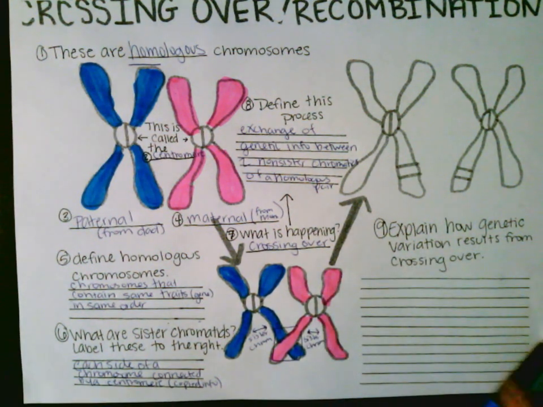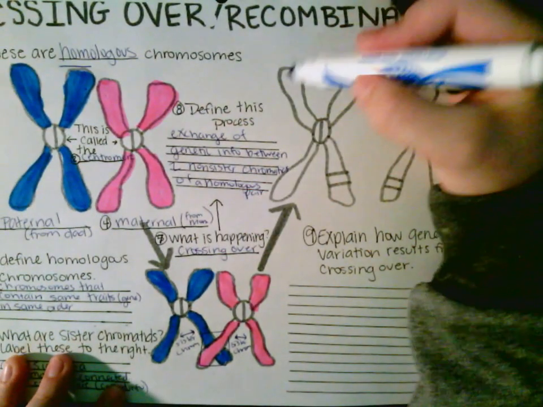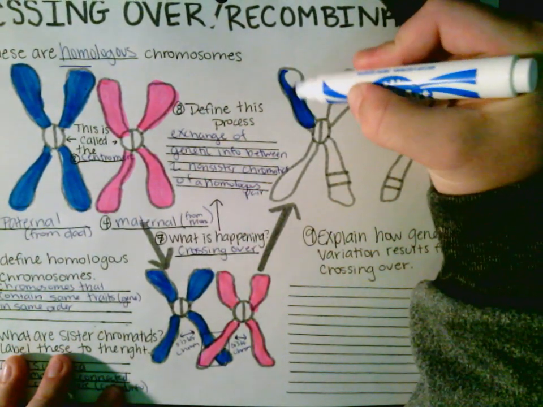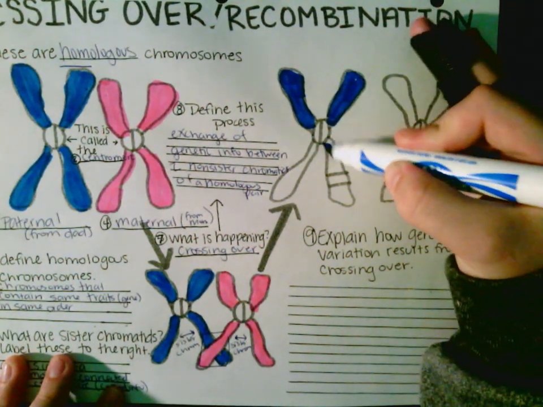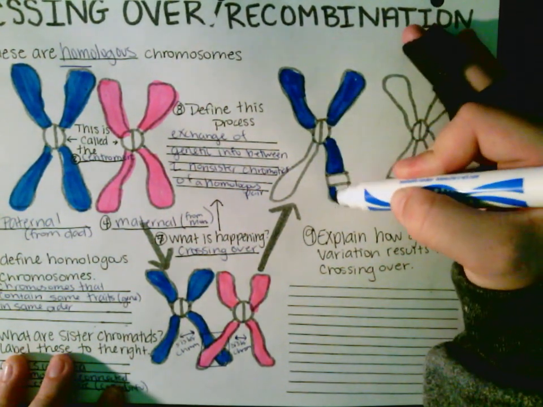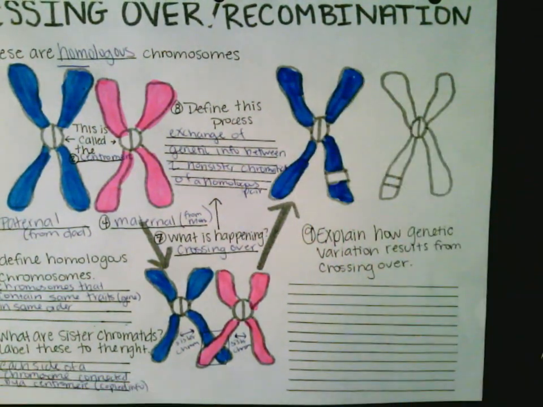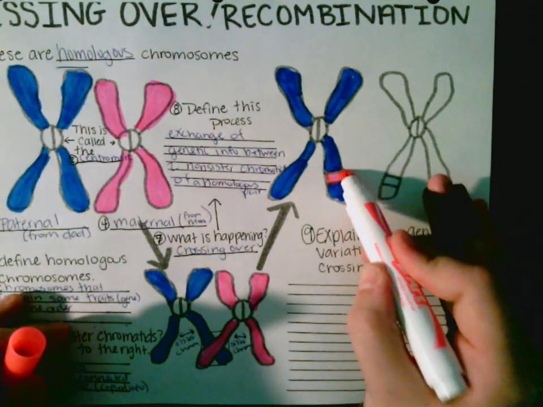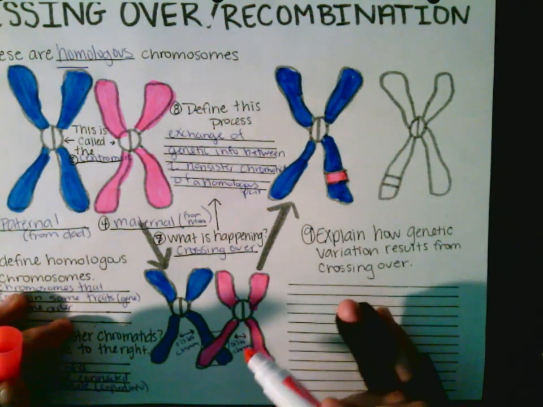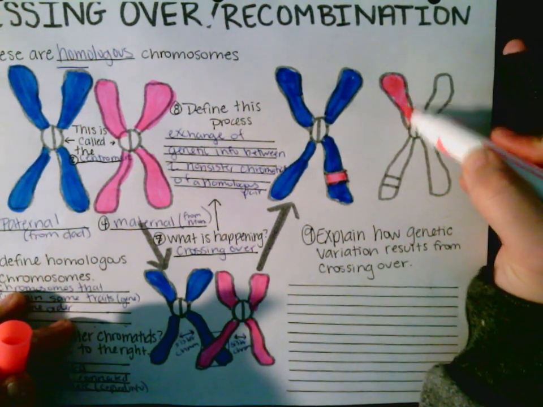So we're going to show that swapping of information. But over here we're going to color the paternal chromosome. But because of crossing over, we now have a section in our chromosome from the maternal chromosome. So that one little section there was swapped over in this process of crossing over. And same thing for mom's chromosome.